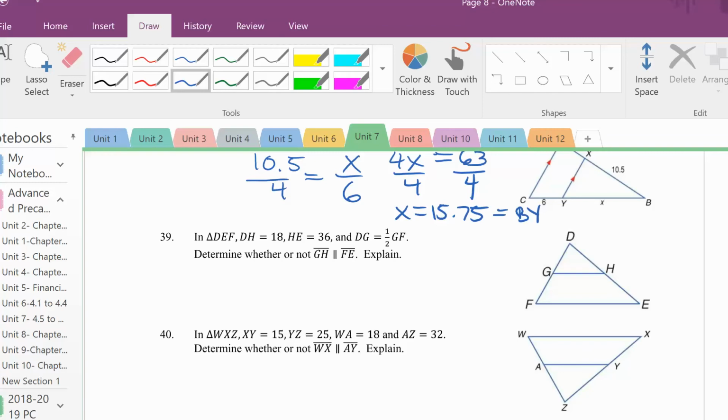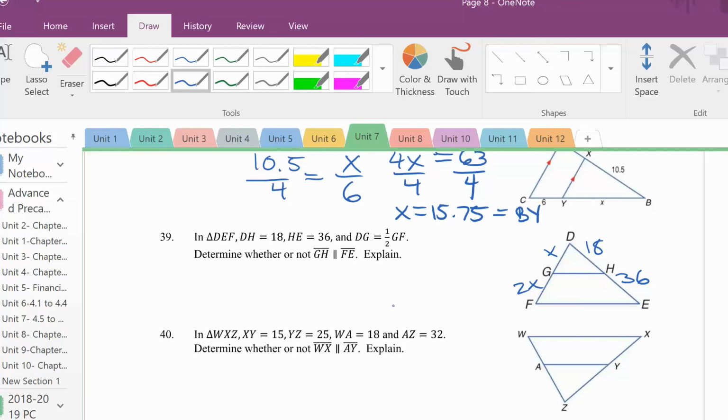So now it says in triangle DEF, DH is 18, HE is 36, DG is 1/2 of GF, so that means it's x and 2x. And it says determine whether or not DH is parallel to FG.